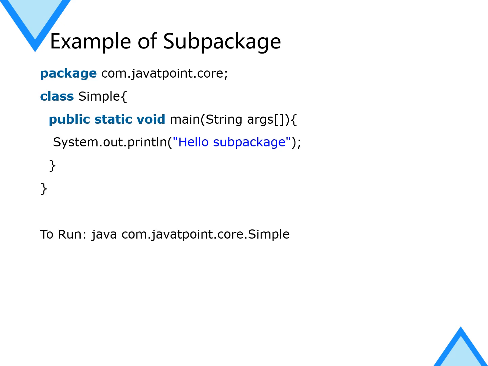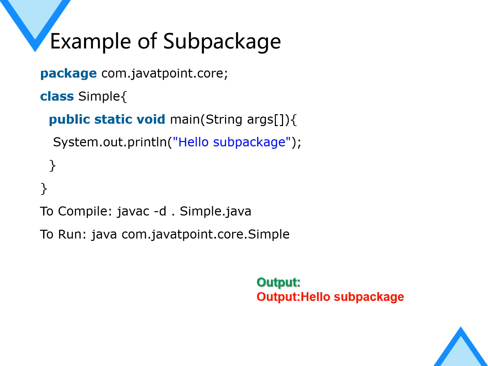When we run this program, it will show "Hello subpackage" on the screen. If we are not using any IDE, then we write the javac command to compile the program and the java command to run it. So this will be the output of this simple program.